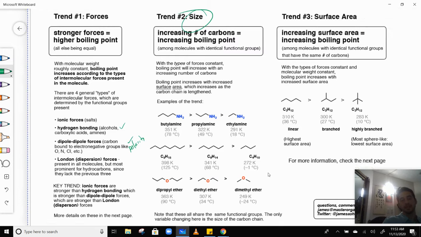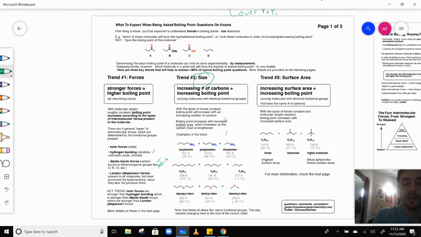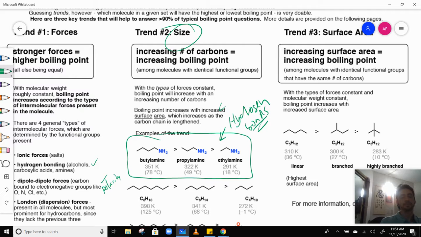The larger the molecule, so for example, these ones all have hydrogen bonds. And you'll see that the larger the molecule, the higher the boiling point, the stronger the IMFs, the stronger the intermolecular forces. Okay?